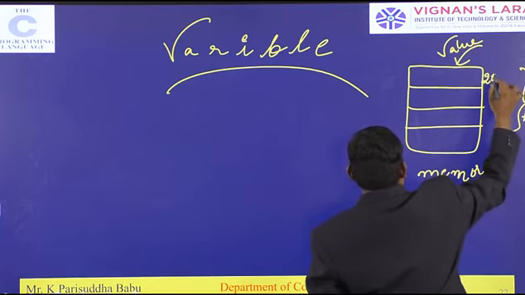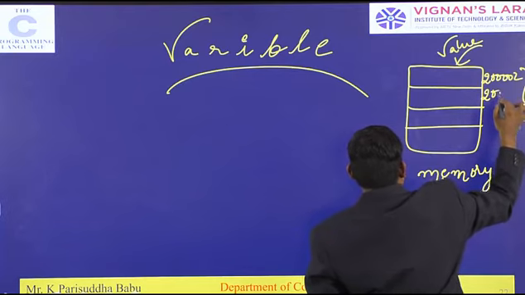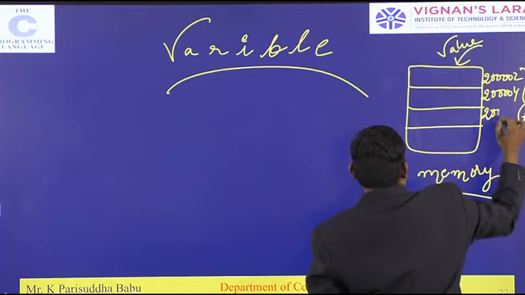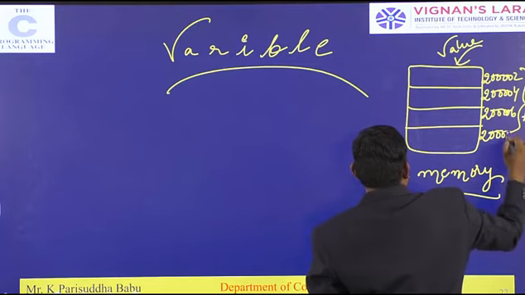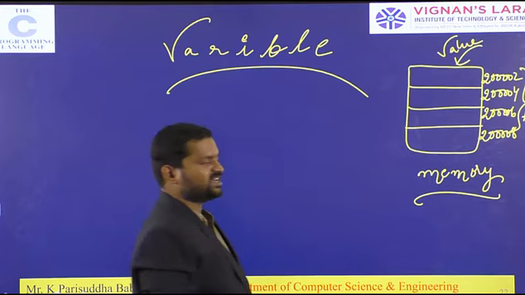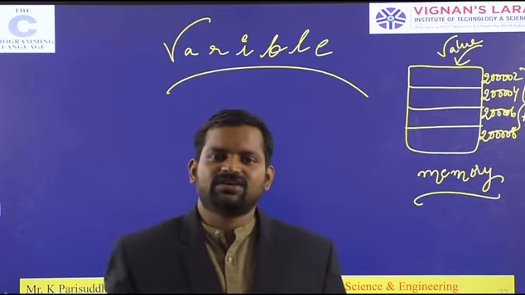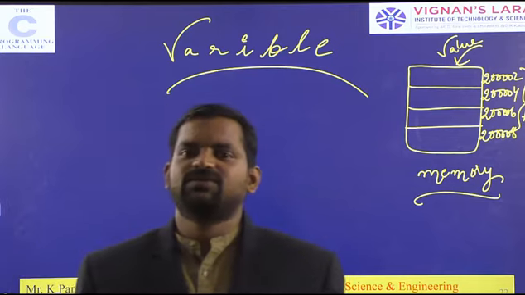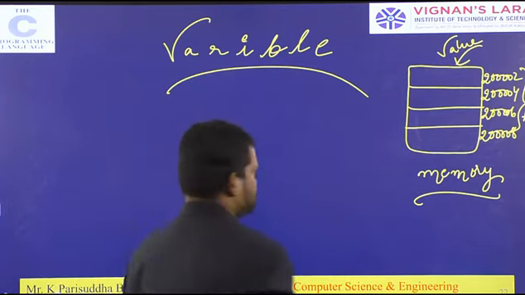For example, 200002, 200004, 200006, 200008. Likewise, every memory location has a name, a value, and an address.